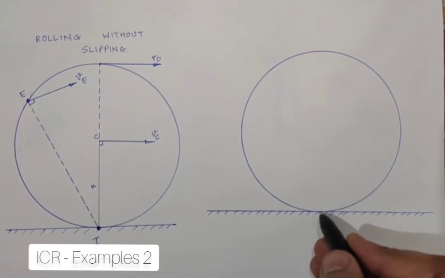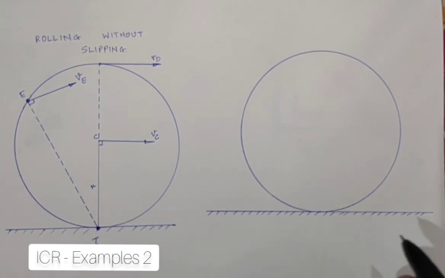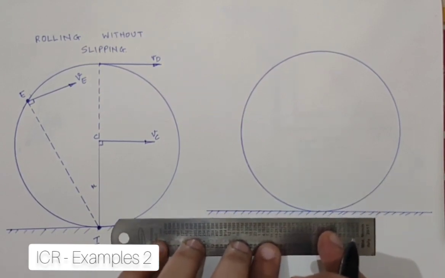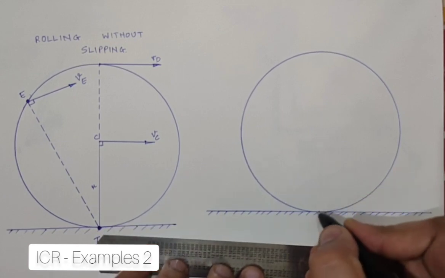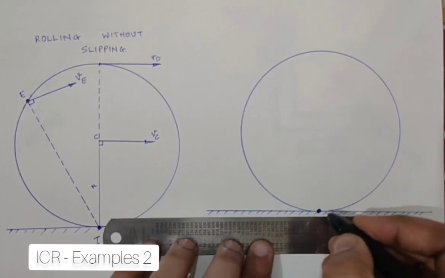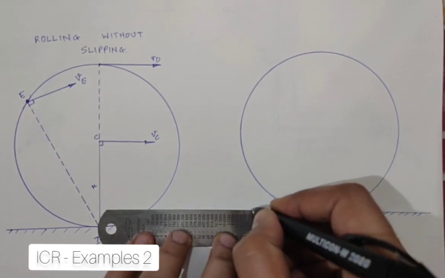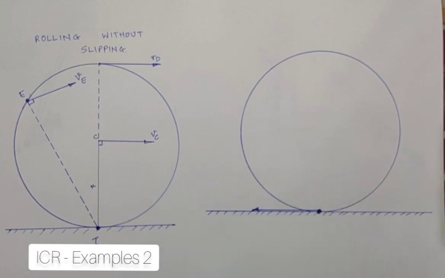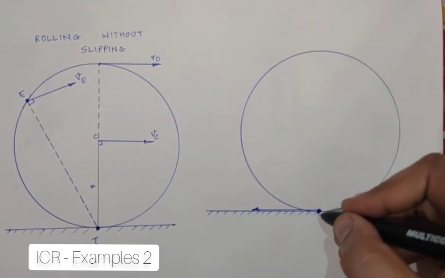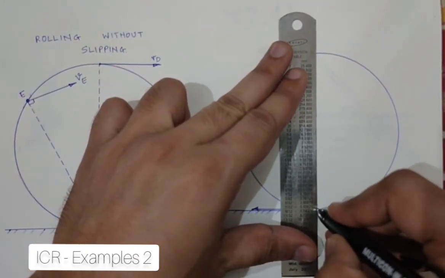So in this case this point is no more at rest. This point is also moving. Let us say it is moving in the backward direction at some velocity, so I'll draw the velocity over here. This is the velocity of that given point, and the other point, which is at the higher part, is also at some higher velocity.